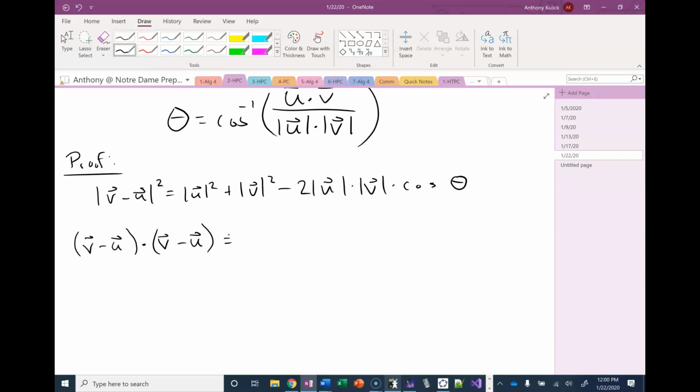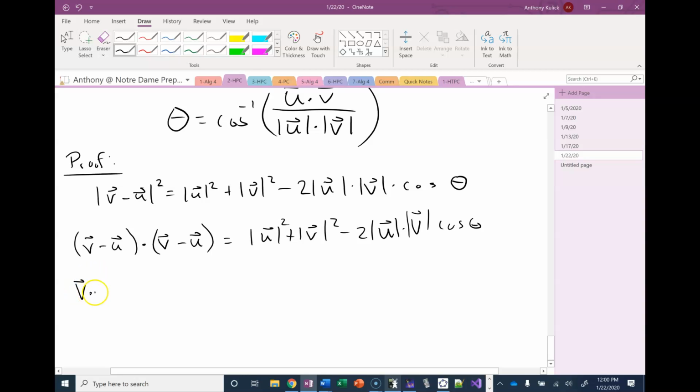Everybody good there? If I have the distributive property, what is that going to allow me to do on the left-hand side? It means that I can FOIL.